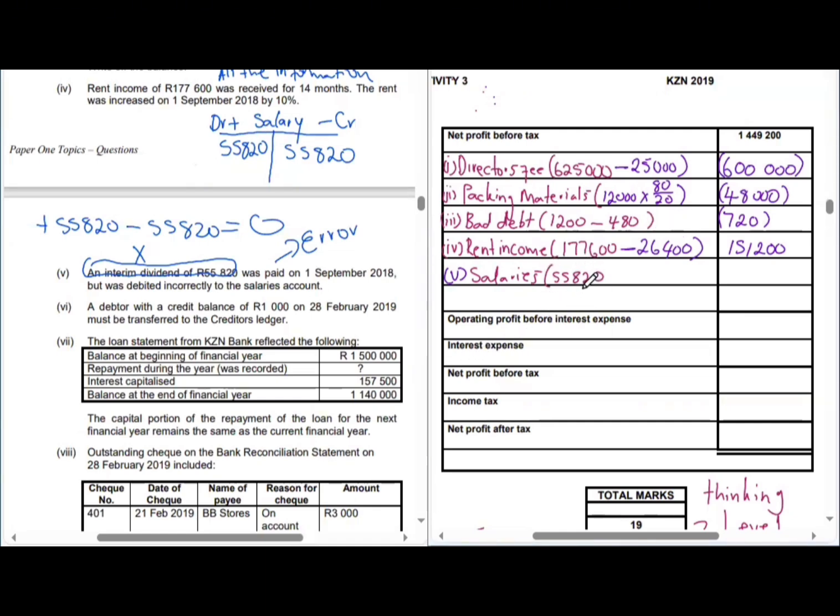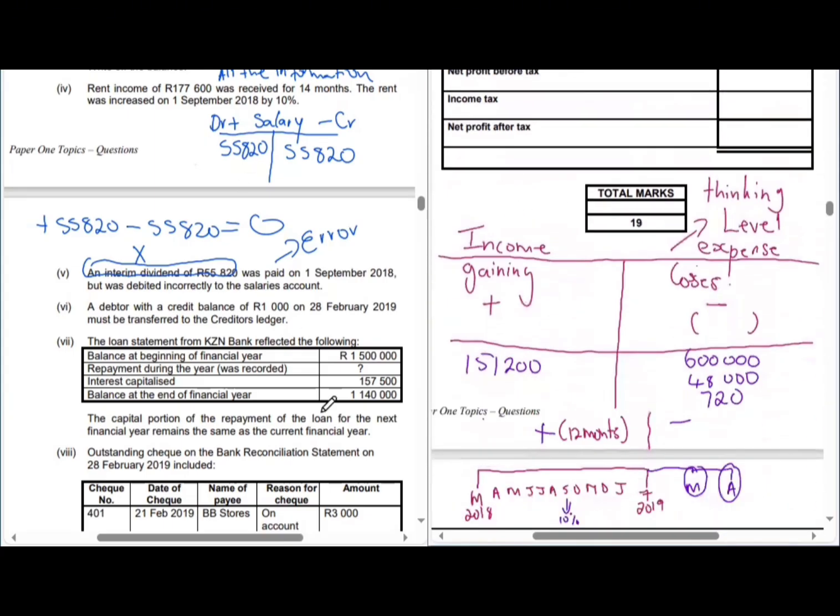So now we have to just go to that side and subtract it, meaning they have added to our expenses. So we're just going to come, and we know that it's under the credit side and we need to cancel it. So basically, when it comes to our thinking level, I need you to be calm and be able to understand this transaction.